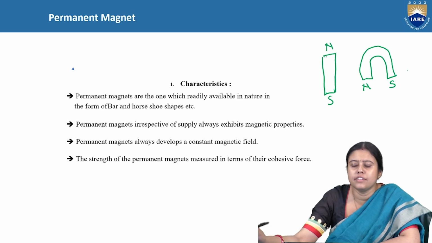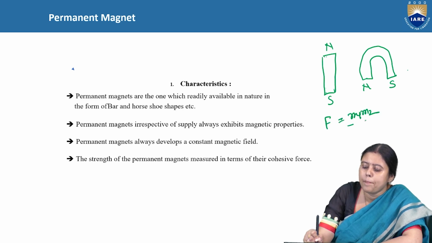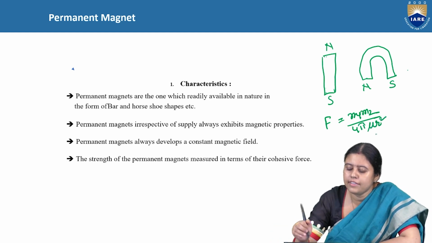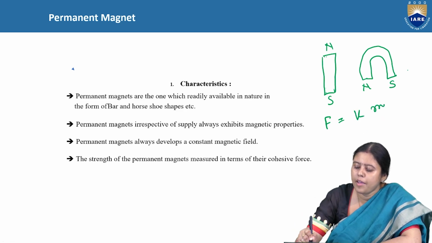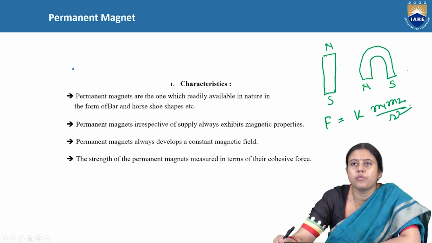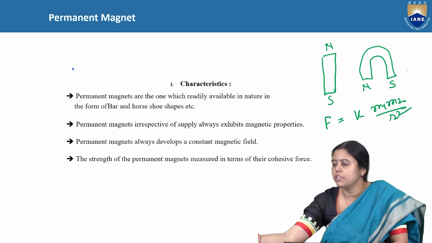It depends on this, and again we can use Coulomb's law here. F is equal to m1 m2 by 4 pi mu r square. We can write it like k m1 m2 by r square, where this is the force between the two poles.